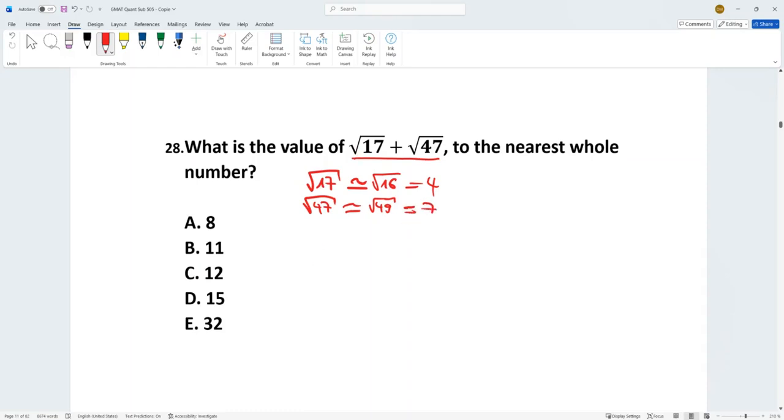So we can say square root of 17 plus square root of 47 is approximately equal to 4 plus 7, which is equal to 11. Okay, so answer B should be our correct answer. And this normally takes you a couple of seconds to solve.